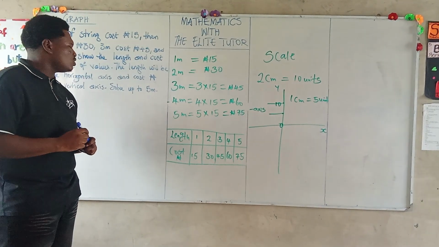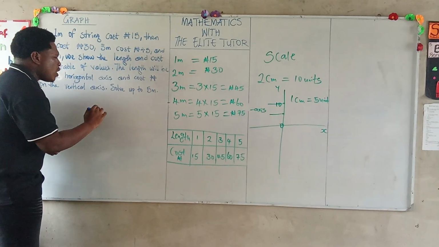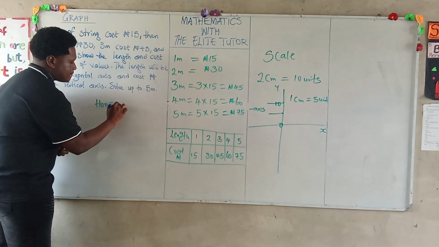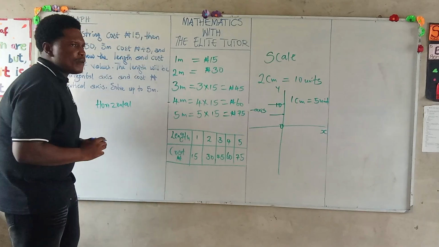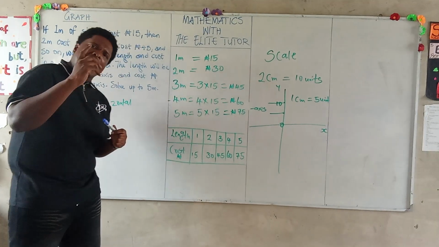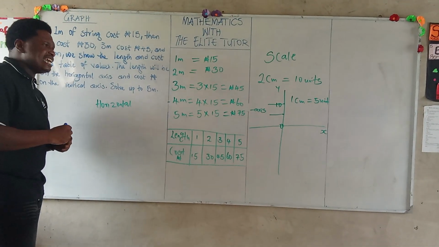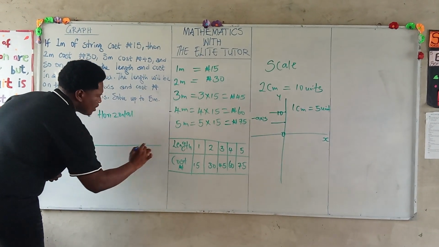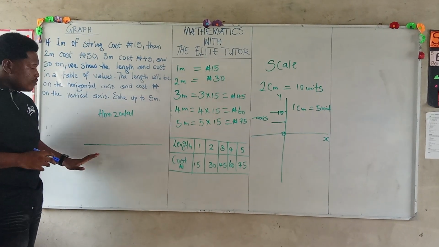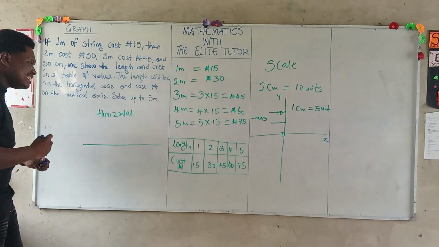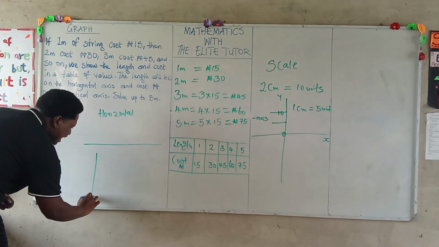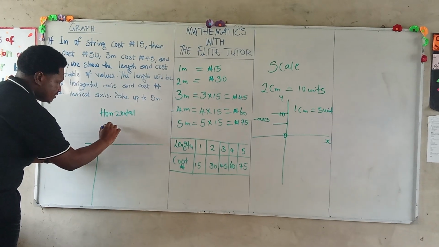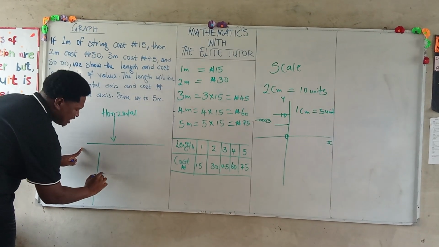Now, please, I want you to follow closely. When we say horizontal axis, this is our horizontal line here, while this is our vertical line.